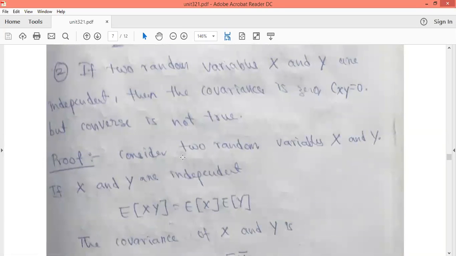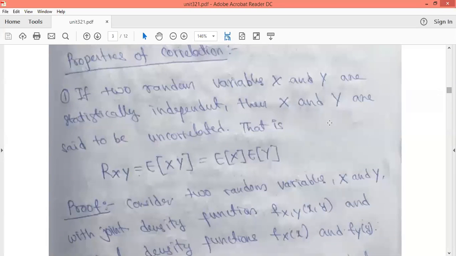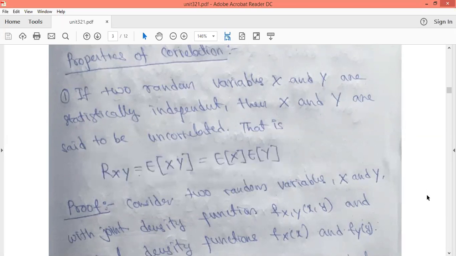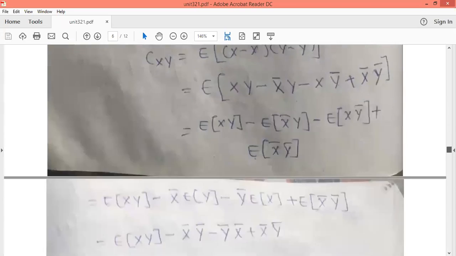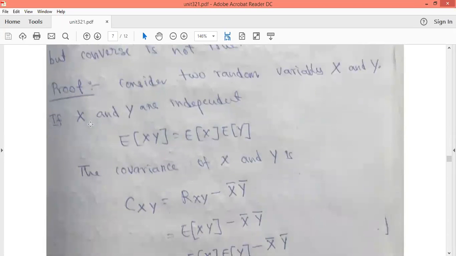So now we consider two random variables X and Y. From the properties of correlation, if the two random variables are independent, then the expected value of xy is equal to the expected value of x into the expected value of y, because x and y are independent.